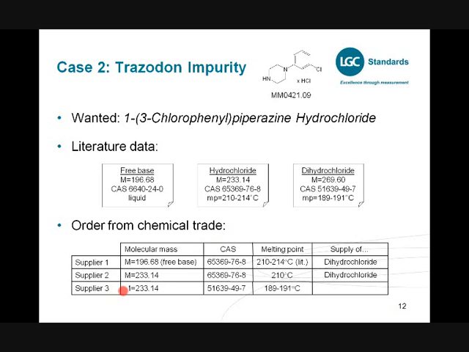Supplier number 3, when we looked at his data in his catalog materials, was providing the molecular mass of the hydrochloride. He was providing the CAS number, however, of the dihydrochloride, as you can see here, and also the melting point pointed to the dihydrochloride. But when we analyzed this one here, in fact, it turned out that this is really the hydrochloride that we wanted to make a reference standard from.